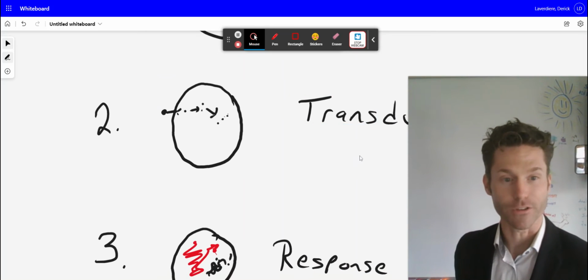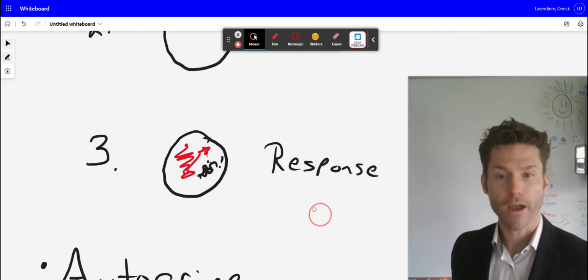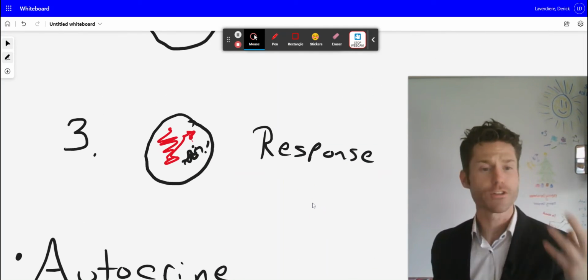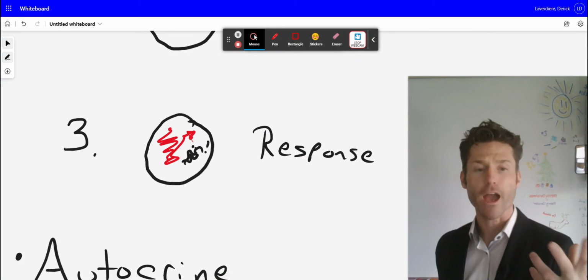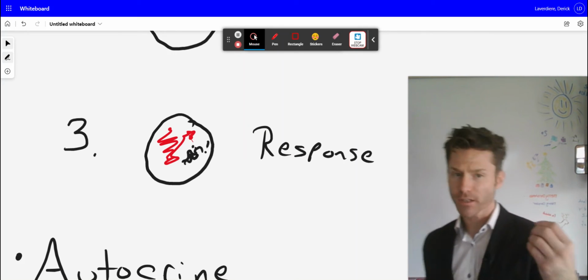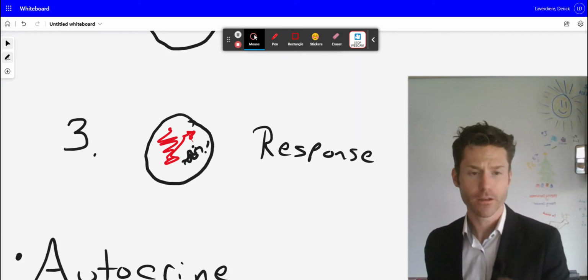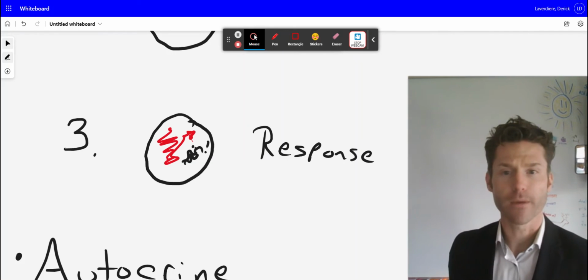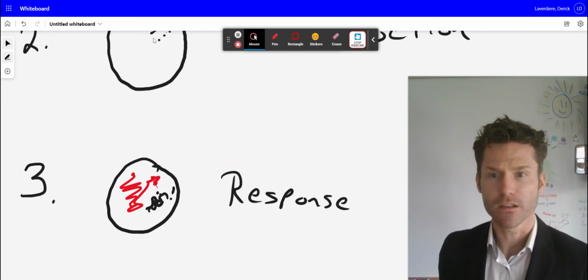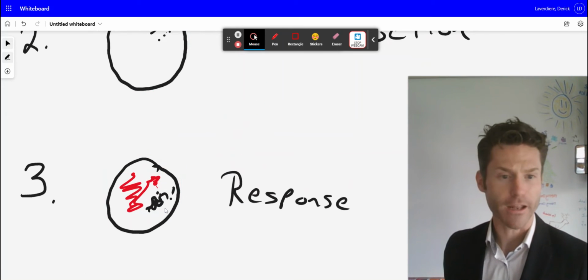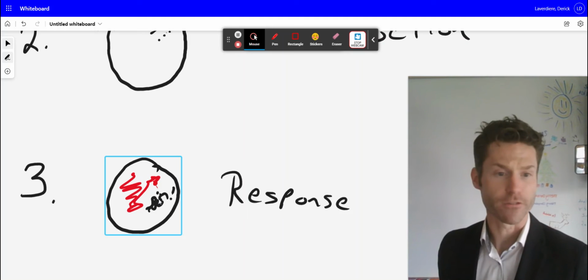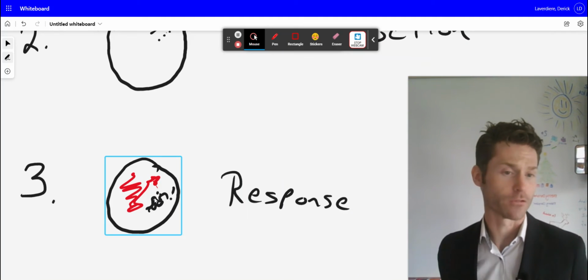And that's the transduction. And then finally, once the transduction is complete, we have the actual response. Whatever the signal was intended to trigger in the cell, it is triggered. Here in my narrative, I've made my S, T, and V trigger a genetic expression of a red protein. So this cell turned red.